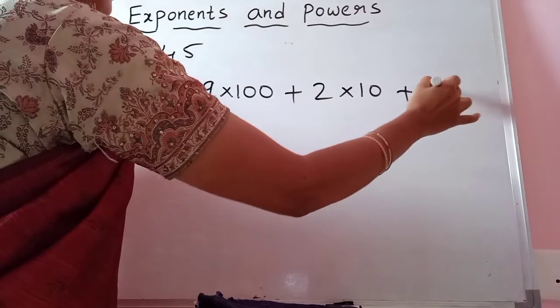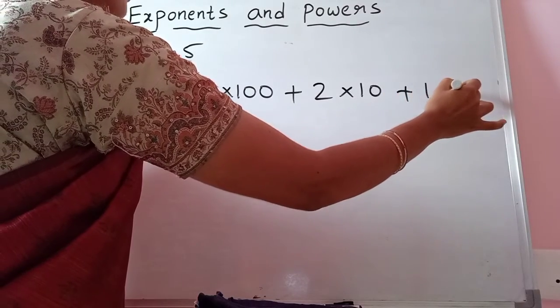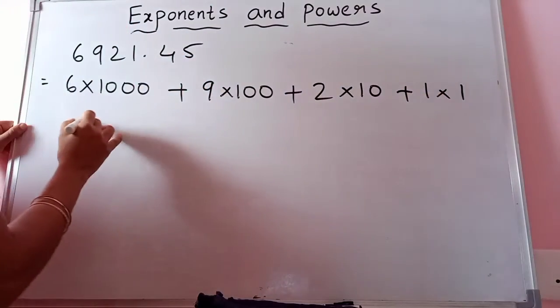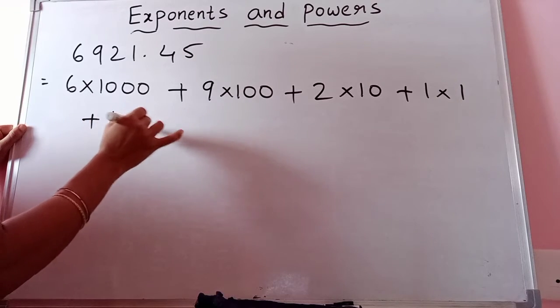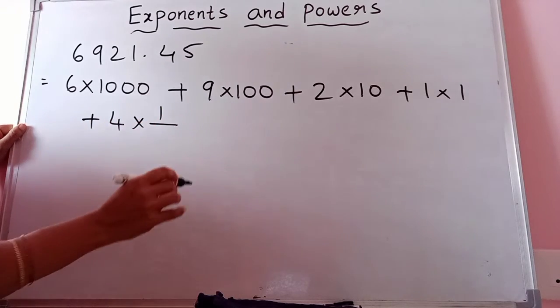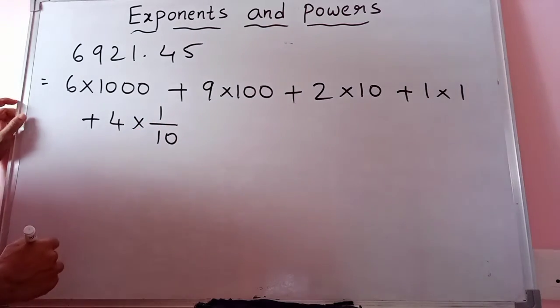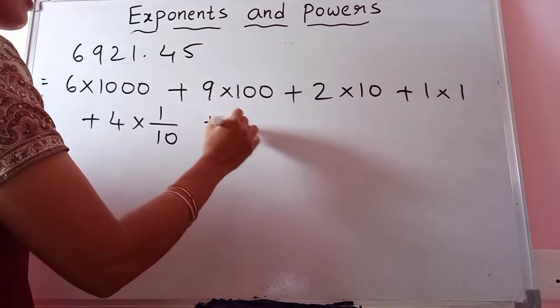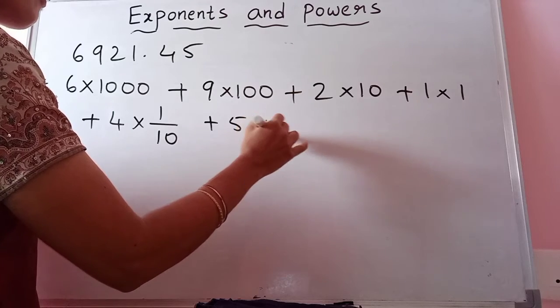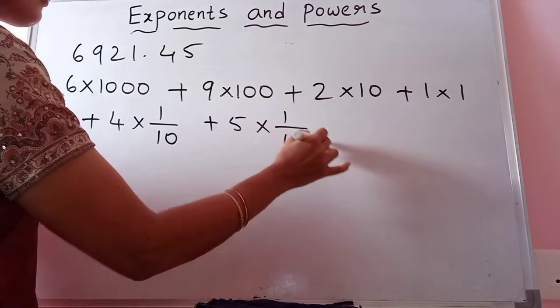And 1 is in the ones place, 1 into 1. Then 4 is in the tenths place, value is 4 into 1 by 10. 5 is in the hundredths place, value is 5 into 1 by 100.